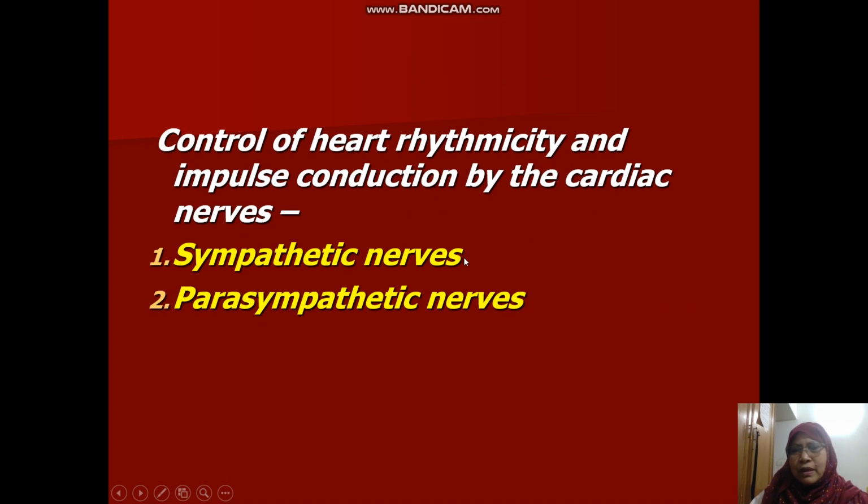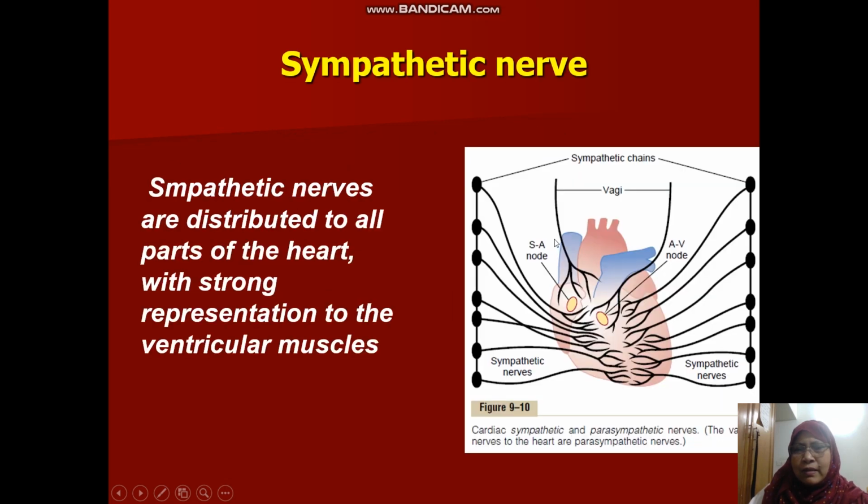Now, the regulation of heart activity by the autonomic nervous system. We know that the autonomic nervous system has two parts, sympathetic nerves and parasympathetic nerves. So what are the effects of sympathetic nerves on the heart? This figure shows the sympathetic supply and also the parasympathetic supply.